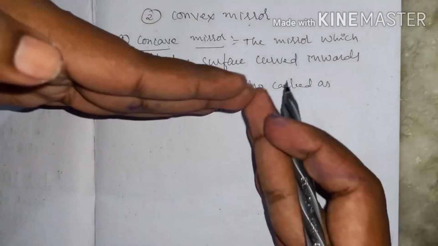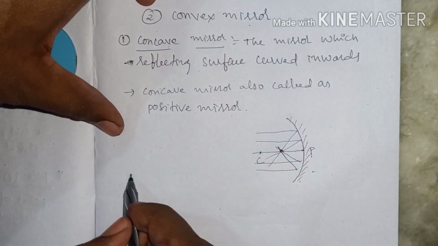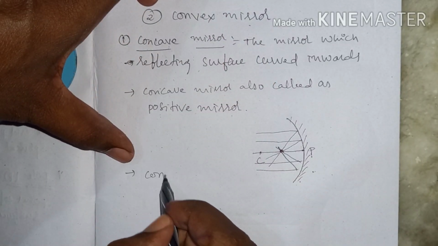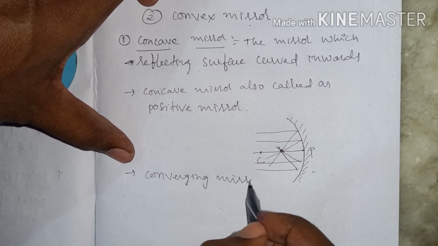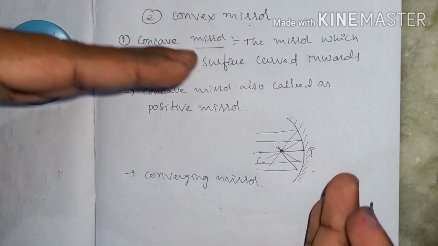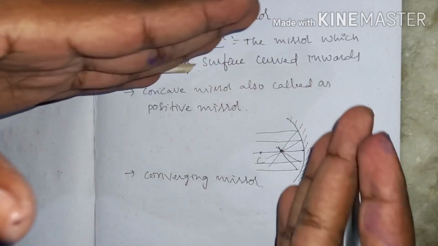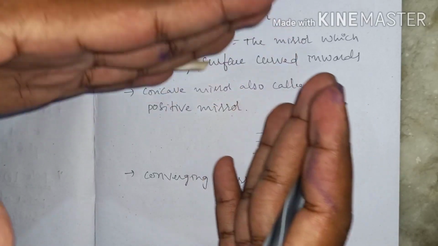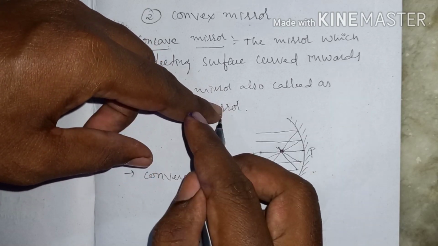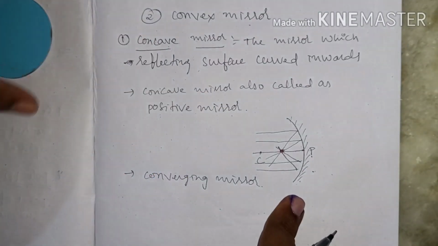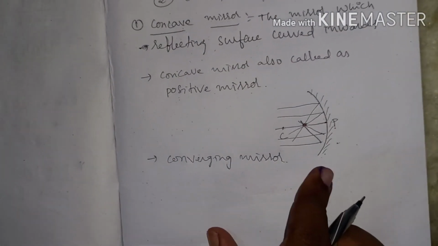That's why this mirror is also called a converging mirror, because the rays converge. They meet at a point together to form an image.